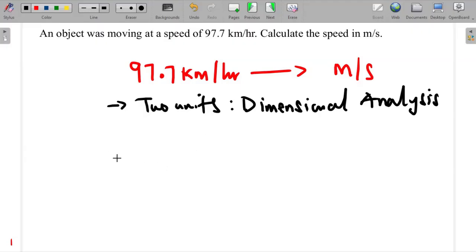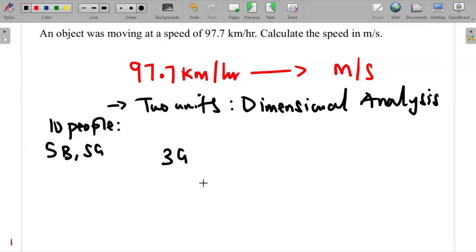So imagine I have 10 people. There are 5 boys and let's say 5 girls, and I want to marry these people. So if I say I have 3 girls here, and then I have maybe 2 boys there, and I want to marry these guys off, it means that I'll multiply by kind of the opposite of what I have here.